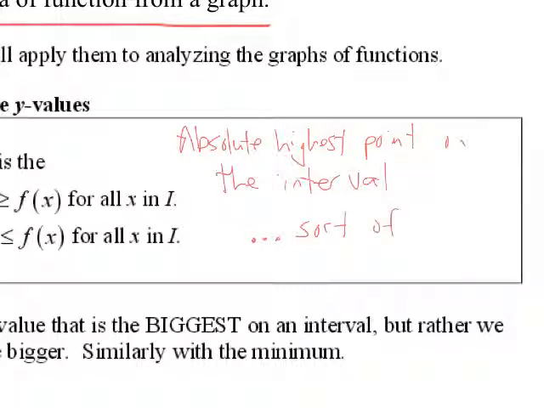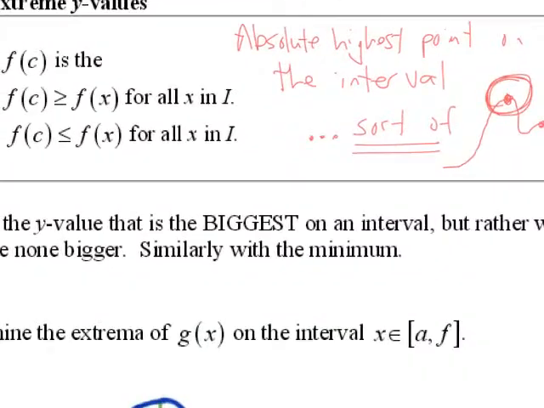And we'll see what I mean by that very shortly here. But basically, if you've got some curve and it comes to a high point, sure, we have two high points, but this is the absolute highest, so that is where the absolute maximum will occur. And the "sort of" has to do with what we're going to look at next.